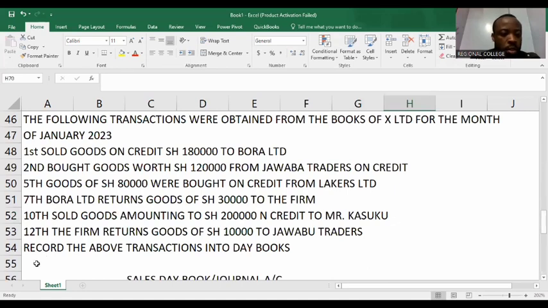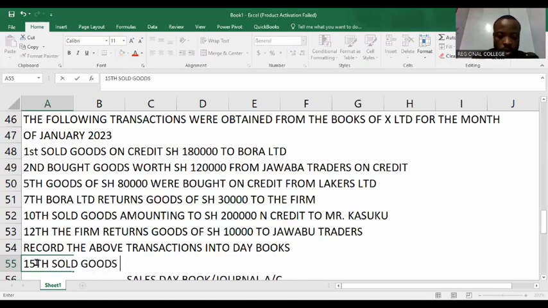So if you see that the question says, maybe the next thing, that on 15th, let's just say that sold goods on cash, shillings 50,000 to karaoke.